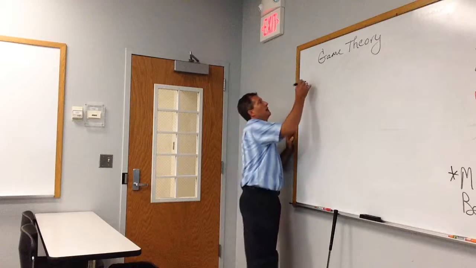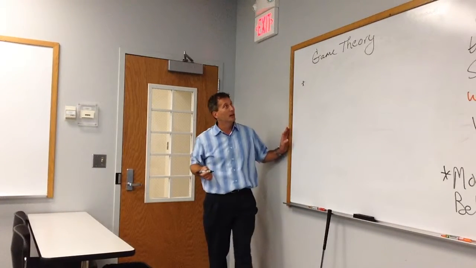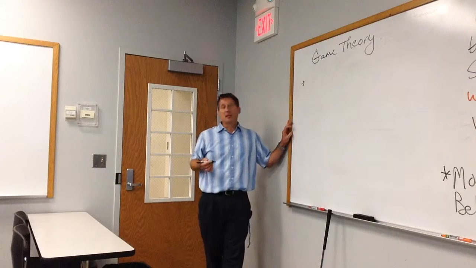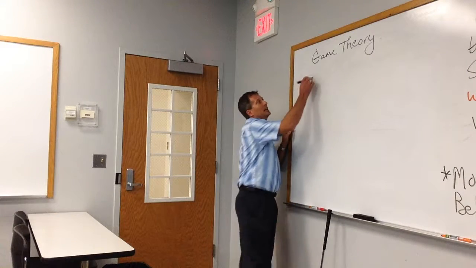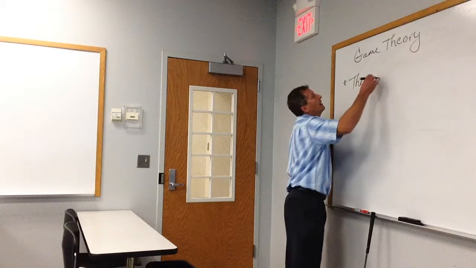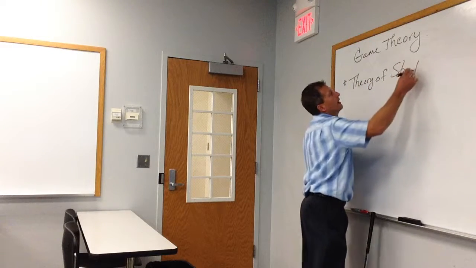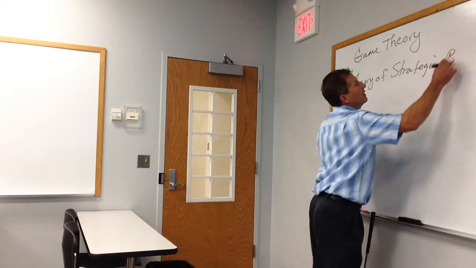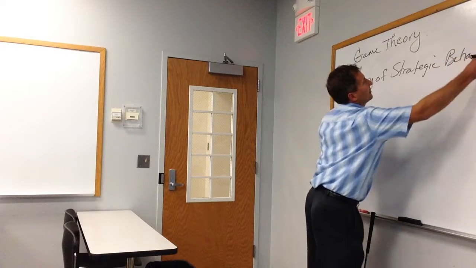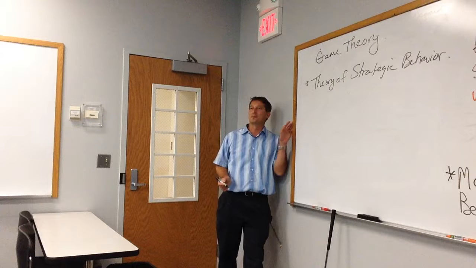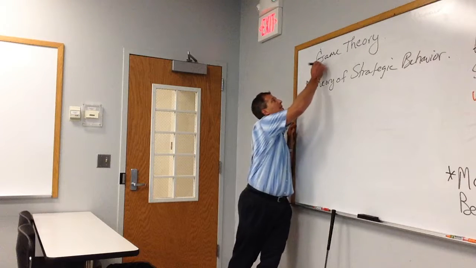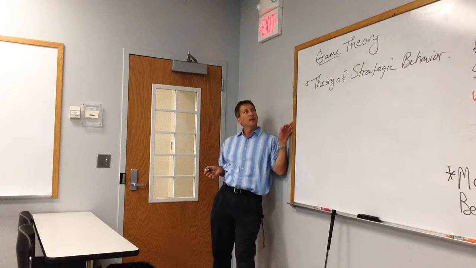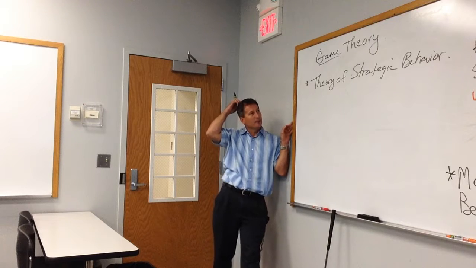So the name I've been trying to get the academic community to change to, which I've been striking out, is the theory of strategic behavior. Doesn't that have a nice, bigger, formal, fancy sound, like we're getting into something serious here, instead of Monopoly and Parcheesi? So, the theory of strategic behavior.